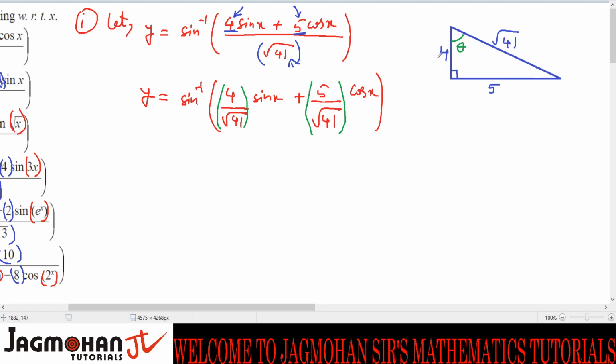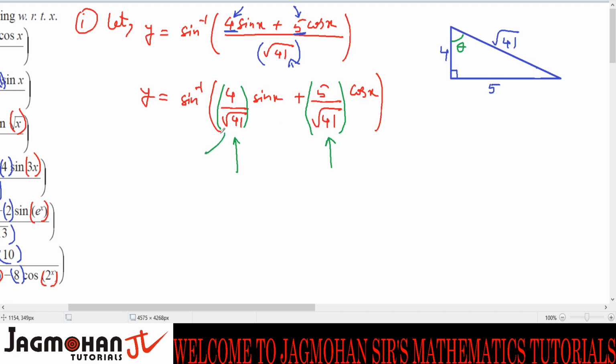What I want to tell you is, these three being very special numbers, they are Pythagorean triplets. When you split the denominator, you will get two ratios, like here 4 upon root 41 and 5 upon root 41. From these two ratios, if you consider one as sine theta, the other becomes cos theta.